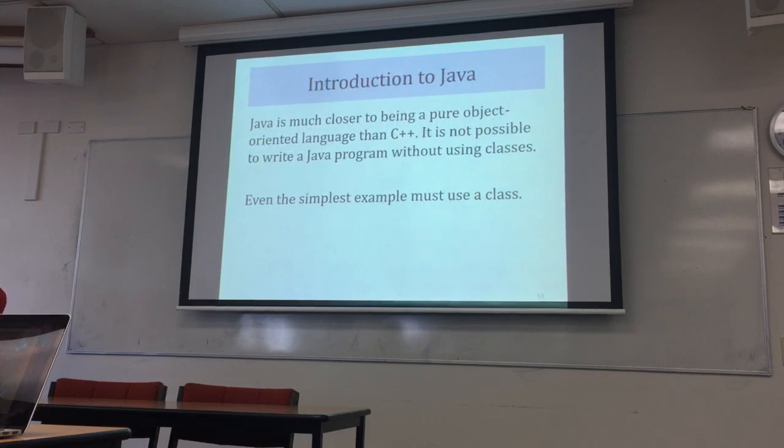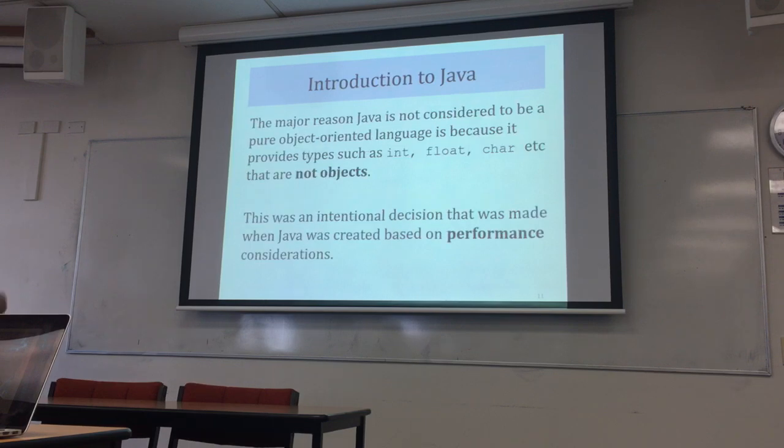Right. So everything in Java has to be inside a class. You can't have global variables, you can't have variables declared outside the class. So from this point of view, Java is more object-oriented than any C++ program.